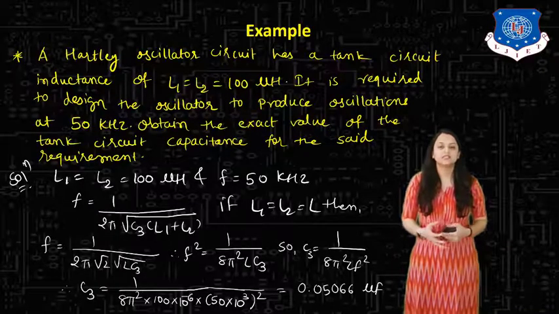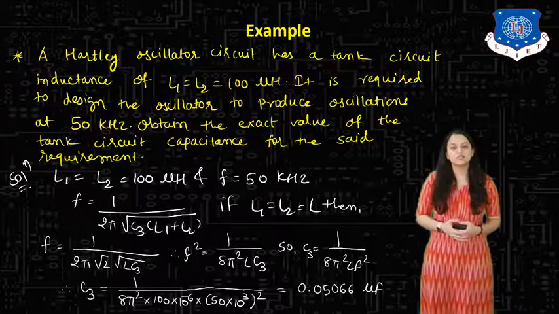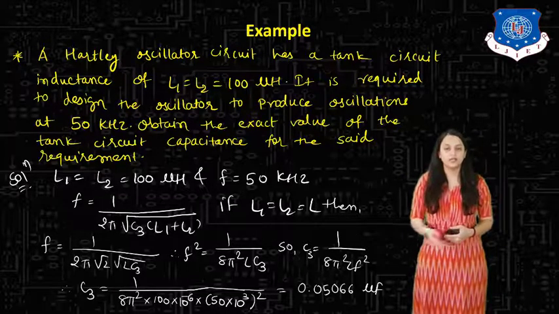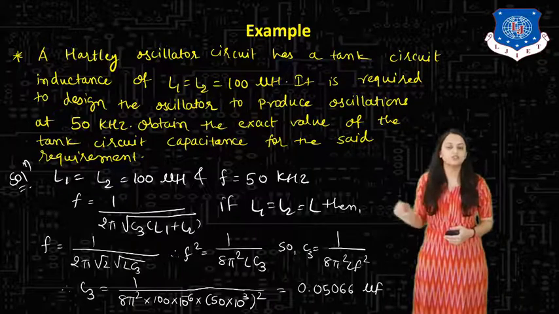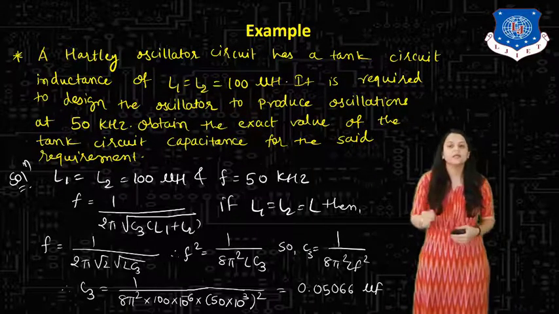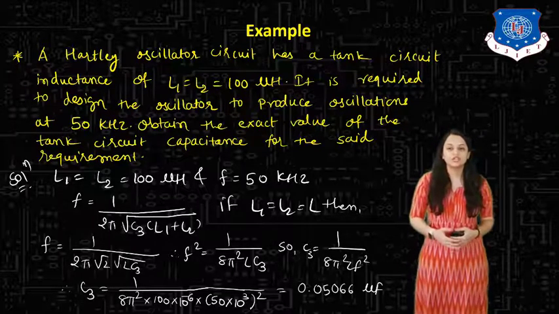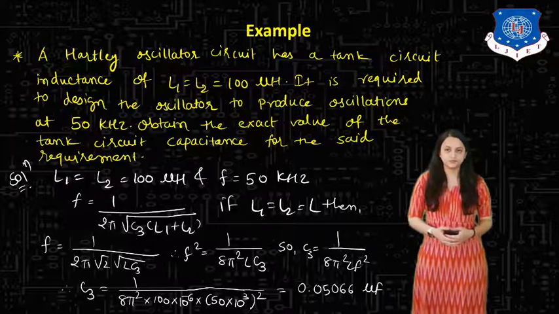Now let us see one example for the Hartley oscillator. Here the data given to us is that a Hartley oscillator circuit has a tank circuit inductance of L1 equals L2 equals 100 microhenry. It is required to design the oscillator to produce oscillations at 50 kilohertz.